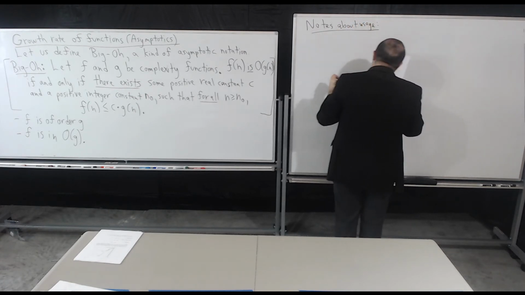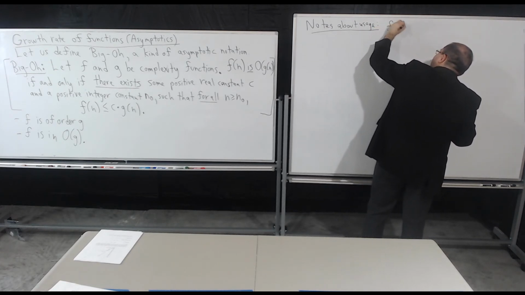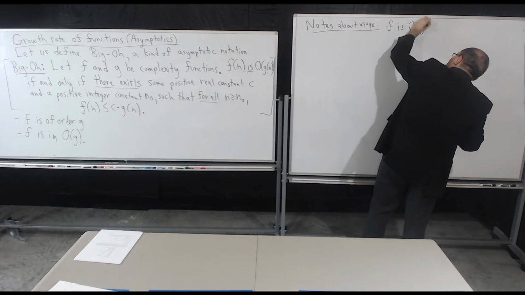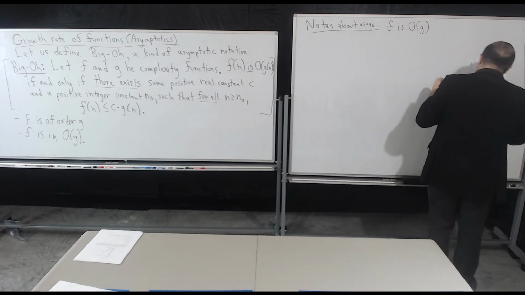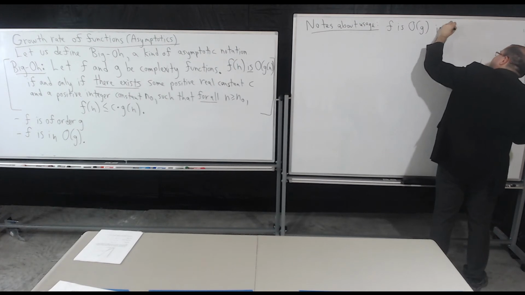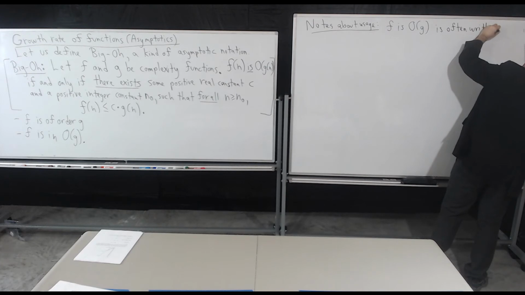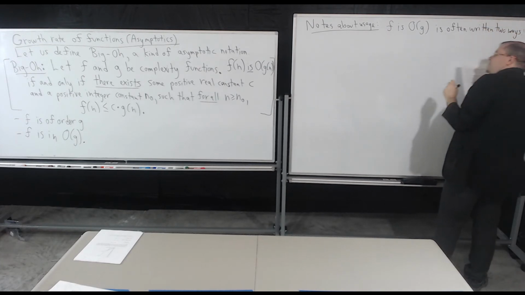So the first thing I want you to note is that f is big O of g of n, f is big O of g, is often written two ways. This is about usage, okay?